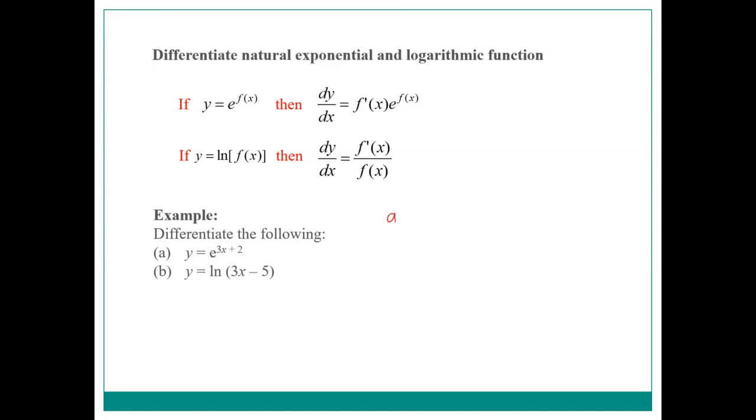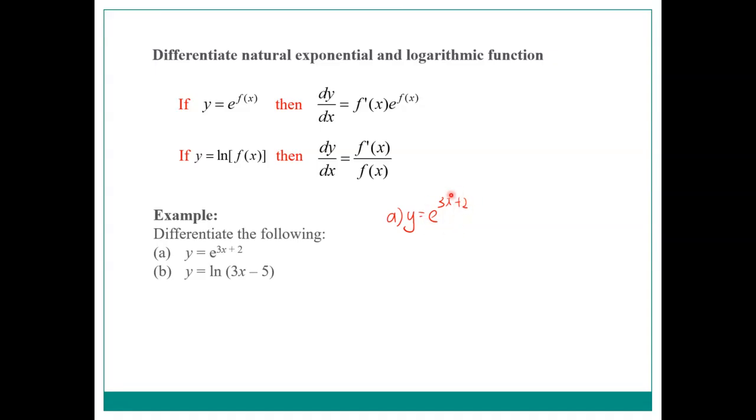So y equals e^(3x+2). Now what is our f(x)? Our f(x) is this one. So we differentiate 3x plus 2. What do we get? We get 3, and this 3 must be put in front.